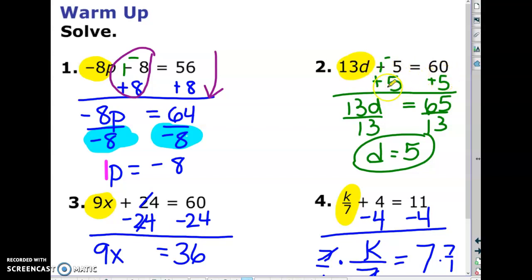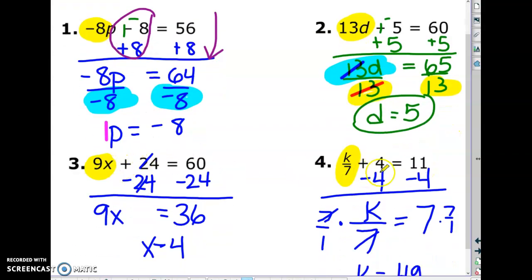When we add 5 onto both sides, the left side of the equation just becomes 13d. The right side, 60 plus 5 is 65. To undo multiplying by 13, we need to divide by 13 on both sides. So 13d divided by 13, those 13 divided by 13 is 1, and d is equal to 5.